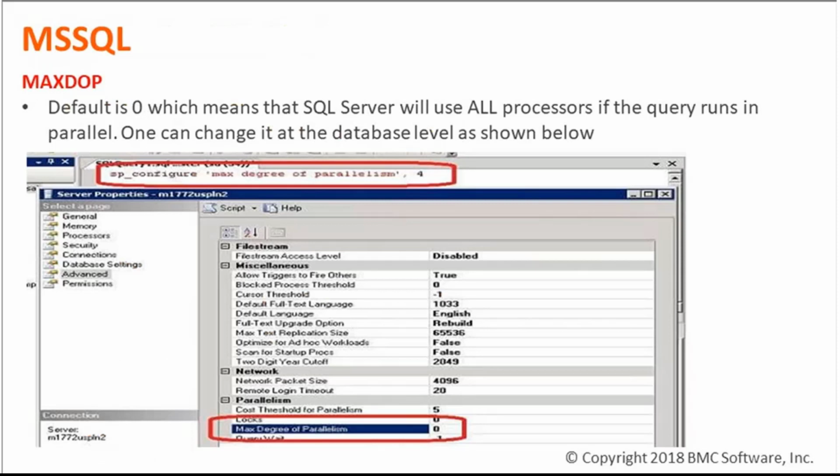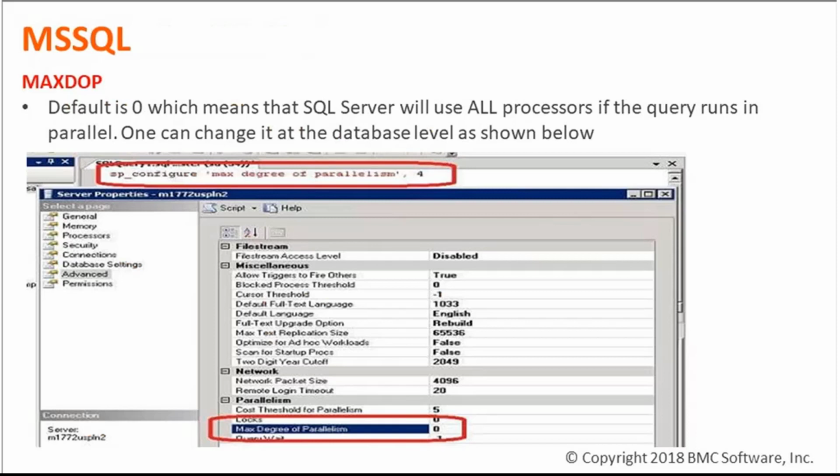In SQL Server, you have something called MAXDOP, which is a wonderful tool I've realized over the years to have SQL statements run in parallel. The default is 0, which means SQL Server will use all processors available on that database machine to run a query in parallel.